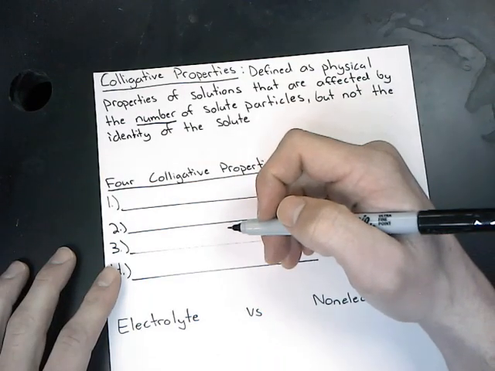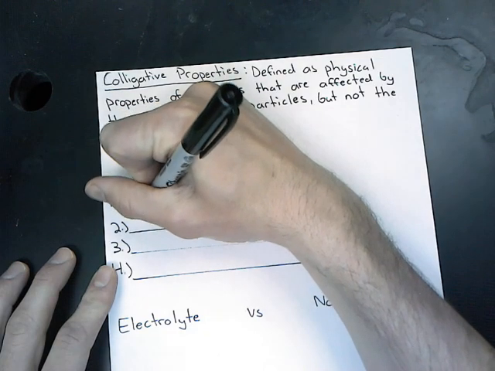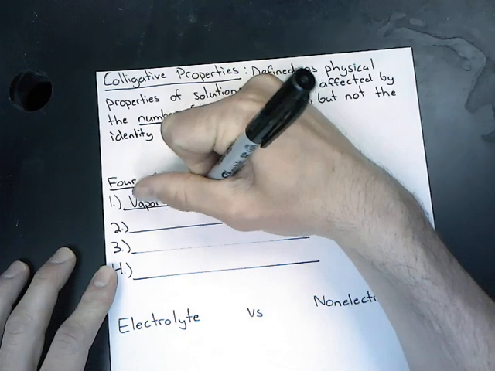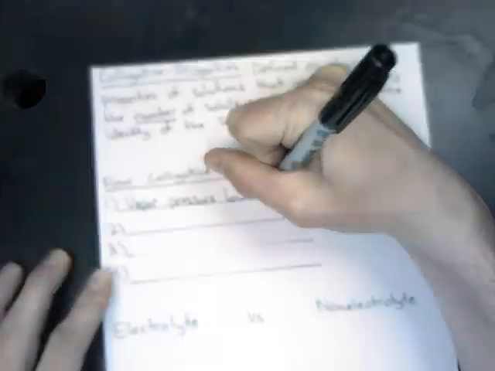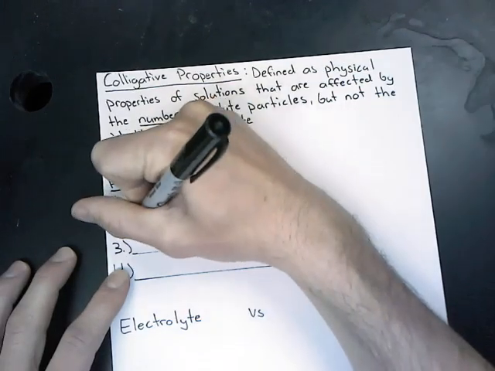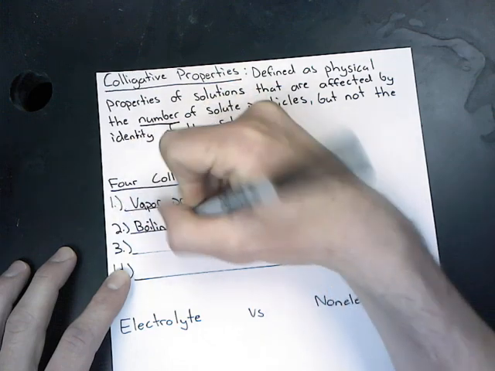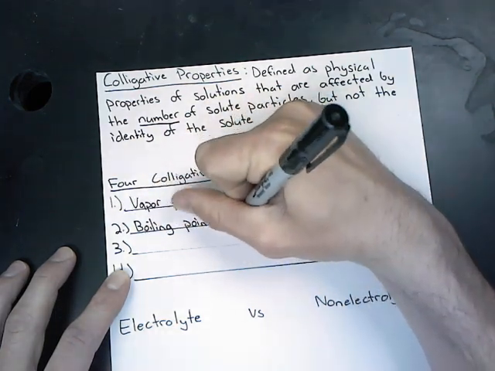So, the first of four colligative properties is vapor pressure lowering. The second colligative property is boiling point elevation.